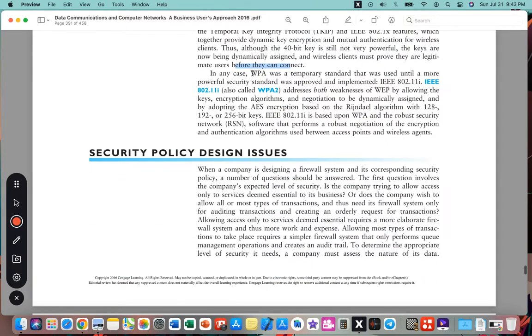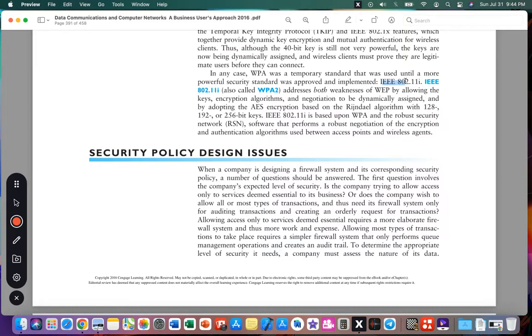In any case, WPA was a temporary standard, used until a more powerful security standard was approved and implemented, which is the IEEE 802.11i, also called WPA2.